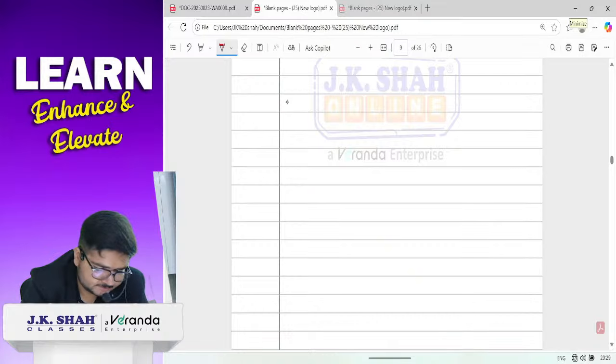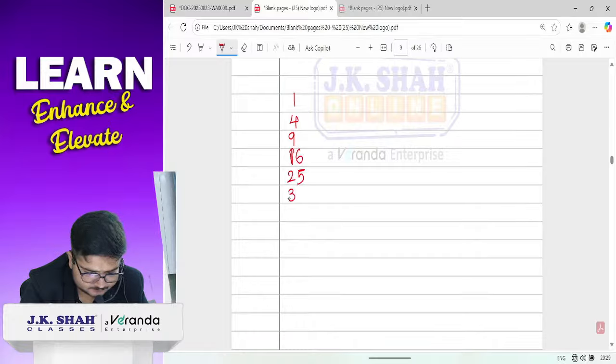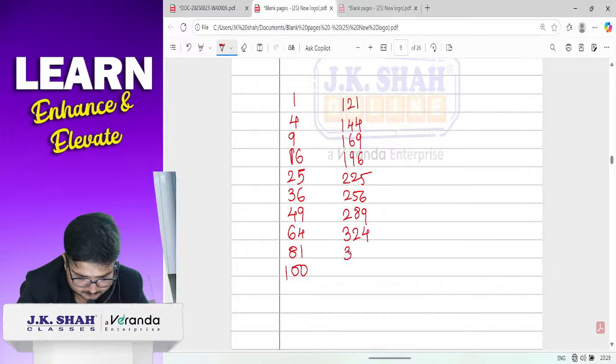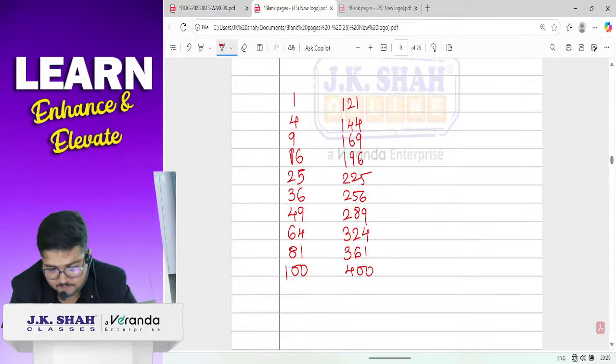I will have to write squares from 1 to 30, or I will write from 1 to 20. These are squares from 1 to 20, right?